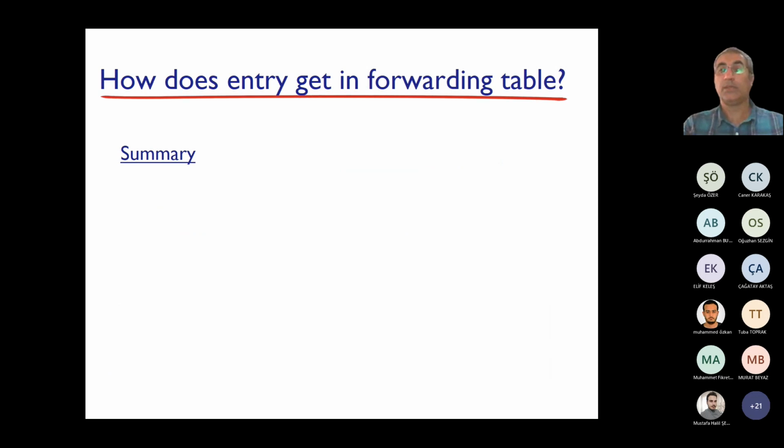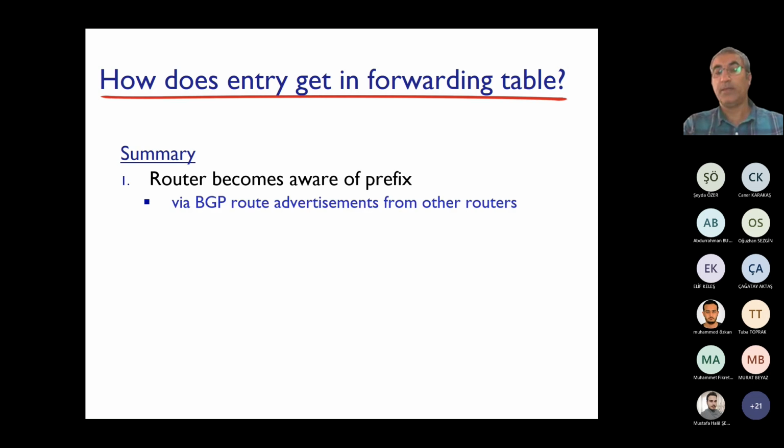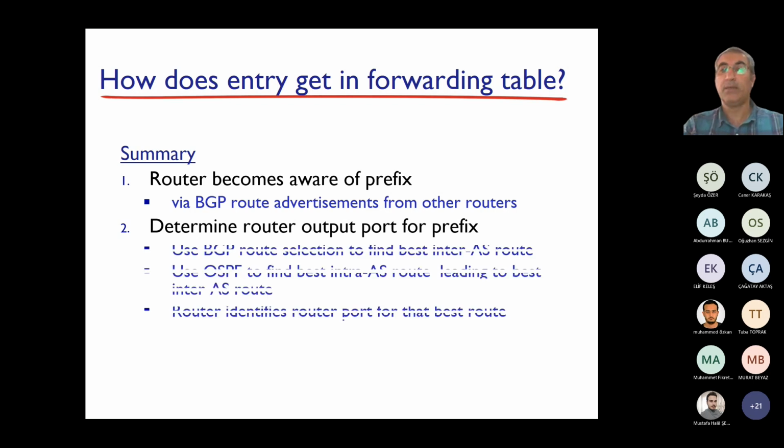So to summarize how we enter the entry into the forwarding table: first, the router becomes aware of the prefix via BGP route advertisement or from other routers. Then it determines the router output port for the prefix to direct.